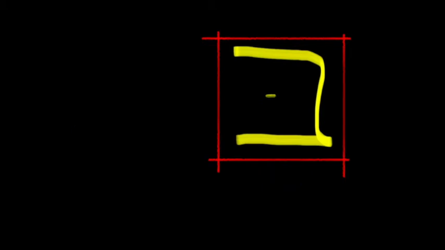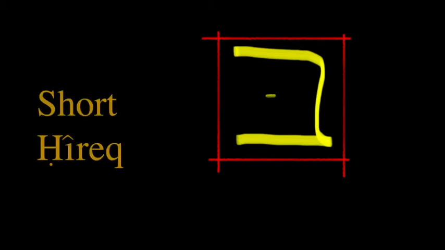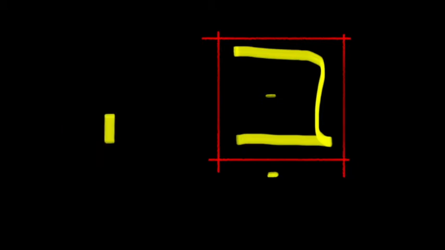The next vowel is sirol, and this is three dots in an upside down triangle underneath the letter, and this vowel is transliterated with the letter E. That's sirol. The next short vowel is chirek, which is just a single dot underneath, and it's transliterated with the letter I. Chirek.